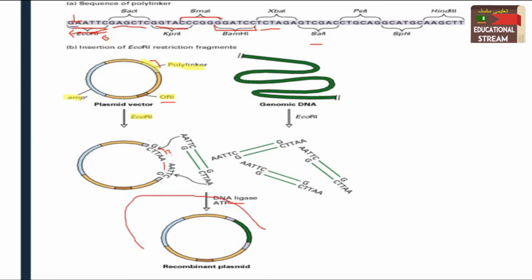For example, we have isolated genomic DNA, and we will treat the genomic DNA with EcoR1. It will produce many fragments which contain the sticky ends of EcoR1, and these fragments can join the cloning vector, and with the help of DNA ligase enzyme, which uses ATP as an energy source, we get the recombinant plasmid.